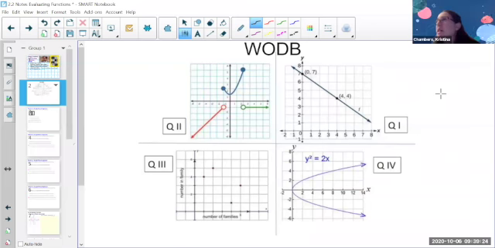We got Sedona says the top left has more than, I believe that's supposed to say 1 line on the graph. Absolutely. Does anybody know what kind of function that's called? I'll give you a hint. There's pieces.